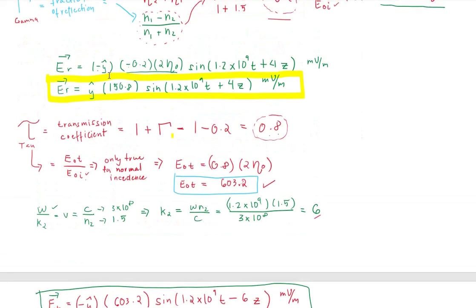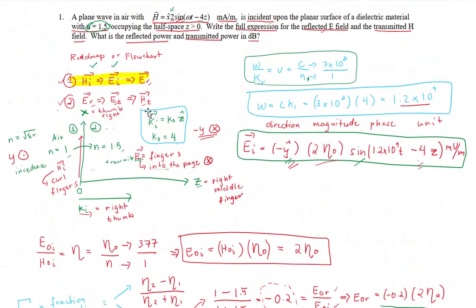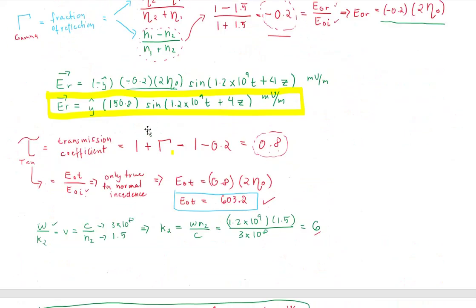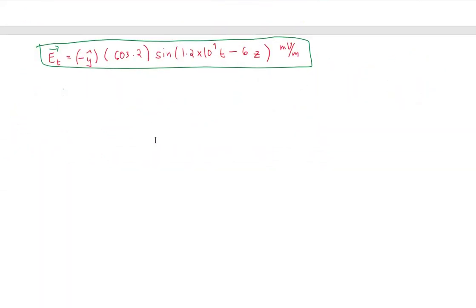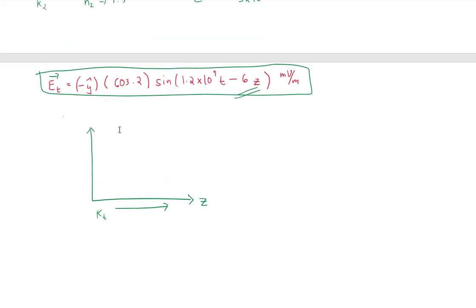Let's check our roadmap again. So we got E_s of t. Now we need to go to H of t. And to obtain H of t, we draw an axis. So from here, we know that k of t is traversing along the positive z direction, and E_s of t is initially in the negative y direction.